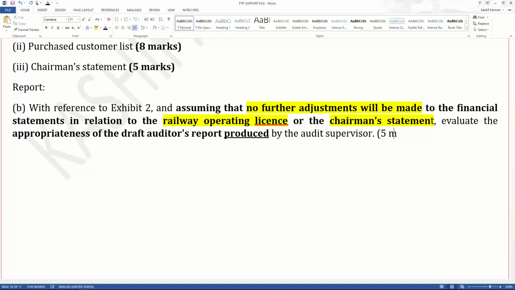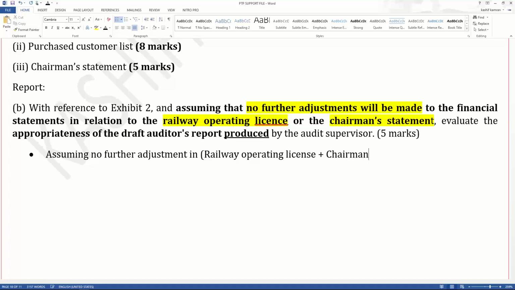And we have 5 marks. And every appropriateness will give us 1 mark. So assuming no further adjustments in number 1, railway operating license, that's 1 issue. And assuming no further adjustment in the chairman statement, that's the 2nd issue.